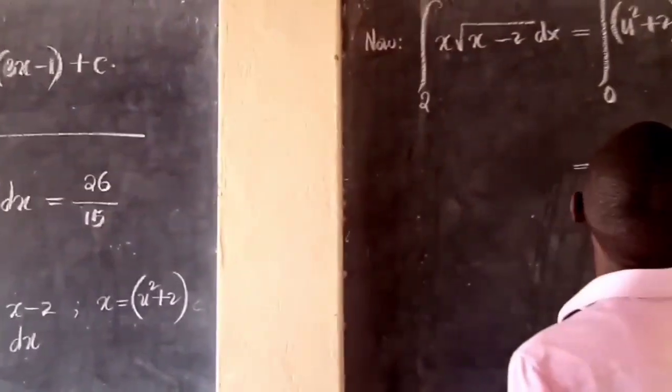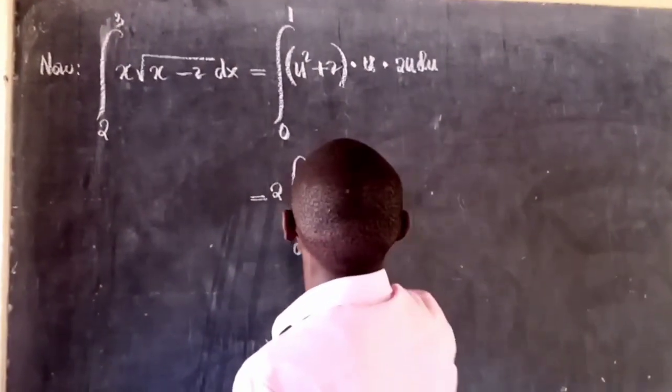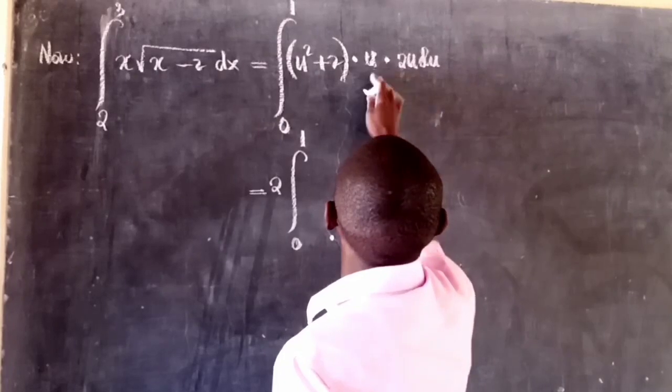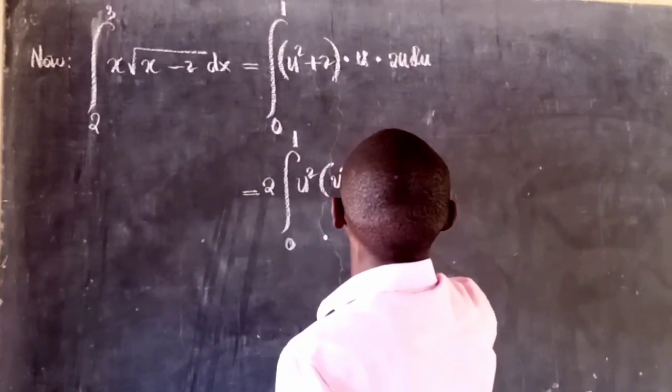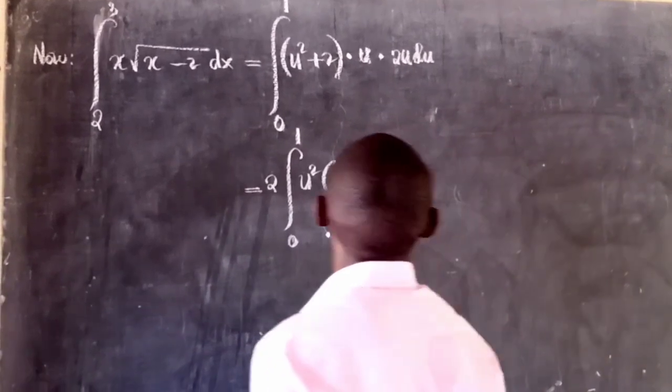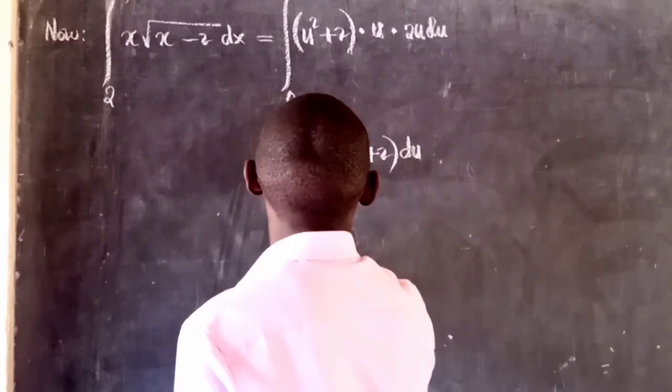Then the product, keep out the constant 2, integrating from 0 to 1. This is u squared into u squared plus 2, the whole of it du. And that is 2, the integral from 0 to 1.